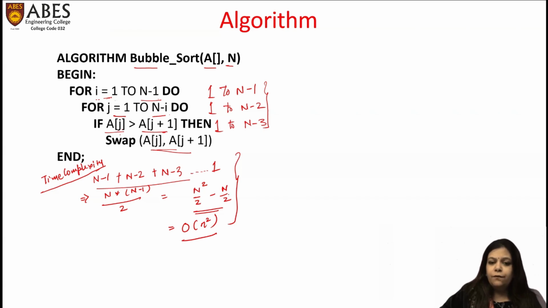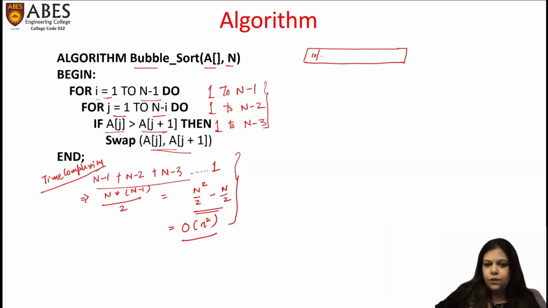But what if we get values which are already sorted? Suppose we take an example in which the values stored in the array are already in sorted order. Suppose we have the values 10, 20, 30, 40, and 50.